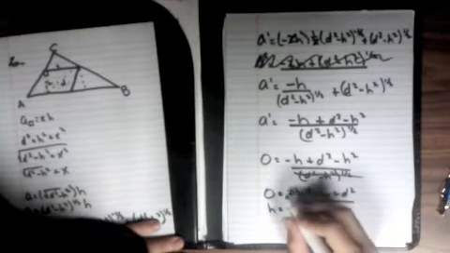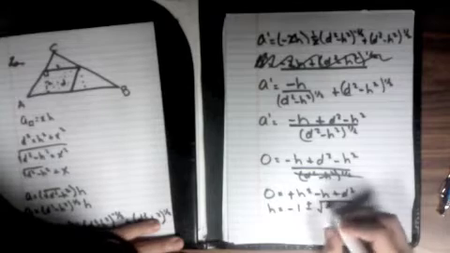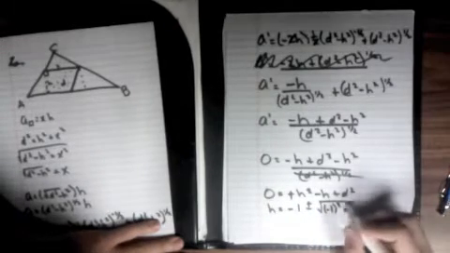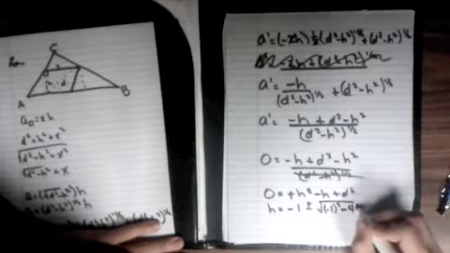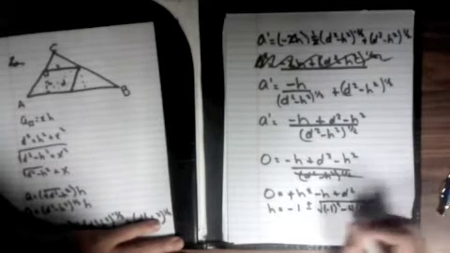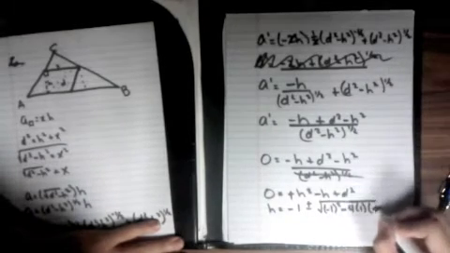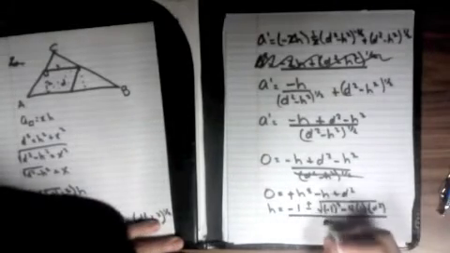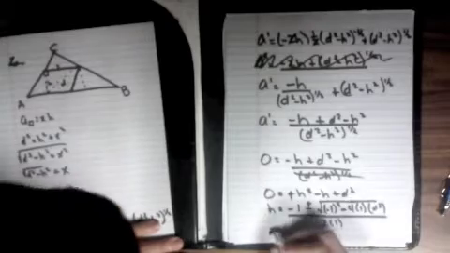of negative 1 squared minus 4 times a times c. In this case, it's d squared over 2 times a, which is 1.